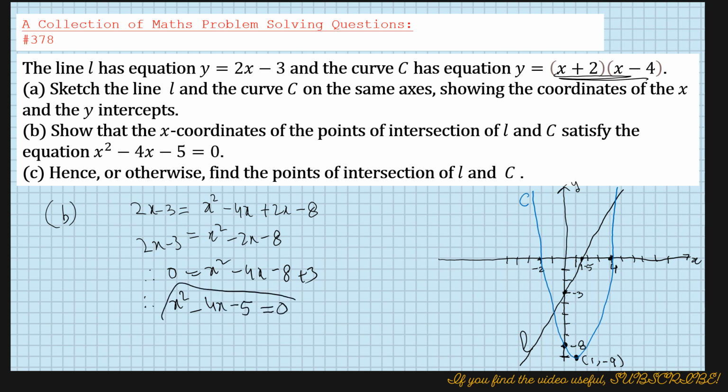So this is the equation that you would get to find the point where the curve crosses the line L.